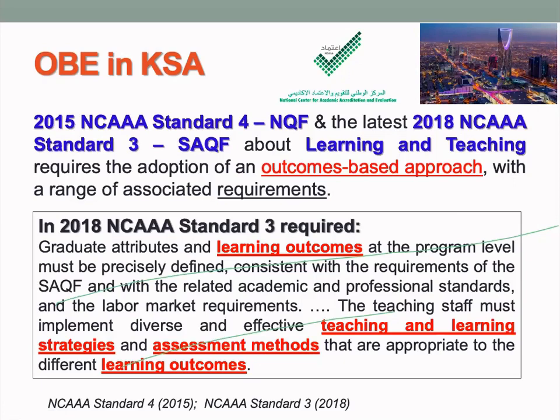For example, the 2018 NCAA standard 3 requires that graduate attributes and learning outcomes at the program level must be precisely defined, consistent with the requirements of the Saudi Arabia qualification framework, and with the relevant academic and professional standards, and also labor market requirements. They also highlight in this standard that teaching staff must implement diverse and effective teaching and learning strategies and assessment methods.